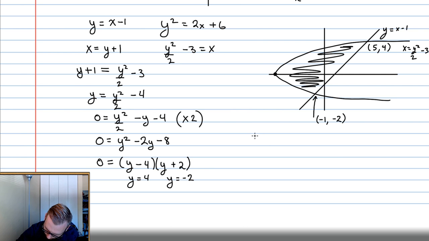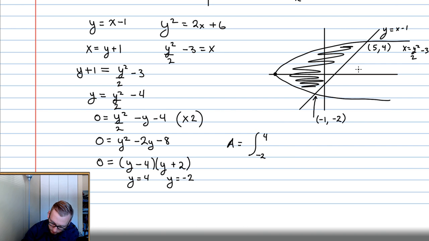Let's take our integral. We've got our integral from negative 2 to 4. This will be our area now. So we've got our lower bound region on the y to our upper bound region. We've got to take the rightmost function minus the leftmost function.